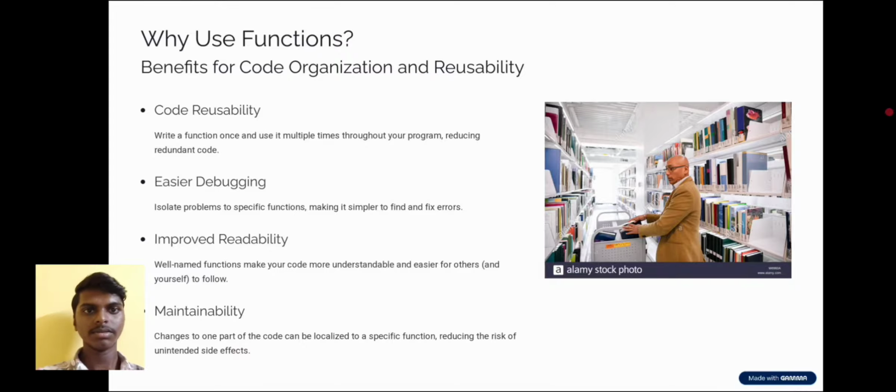Improved readability. Well named functions make your code more understandable and easier for others to follow. Maintainability. Changes to one part of the code can be localized to a specific function, reducing the risk of unintended side effects.